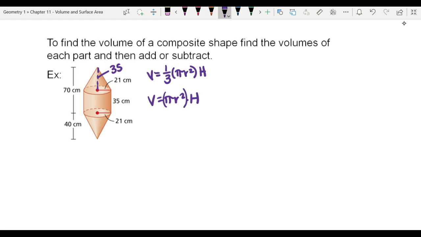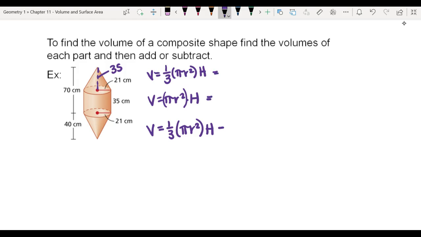It's not 1/3. The only time you do times 1/3 is when you have tips. So pyramids have tips, cones have tips. Cylinders do not have tips. So it's just plain, pi r squared h. And then the bottom has a tip, so it's 1/3 pi r squared h.